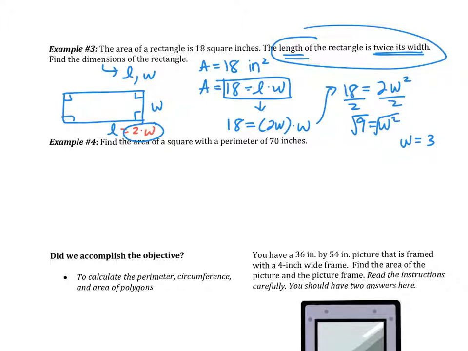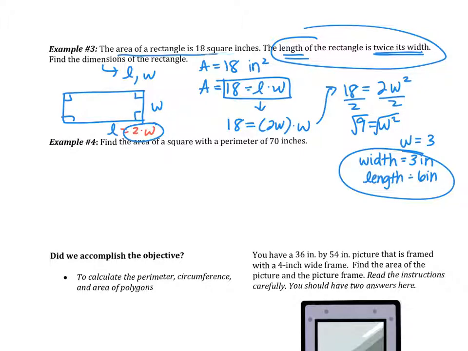Question asked us for the dimensions. So we get the width is 3 inches. The length is twice the width, so the length is 6 inches. Now, please make sure that that makes sense. You're told that the area is 18, so do a little bit of mental math. Yes, that will still give us an area of 18.